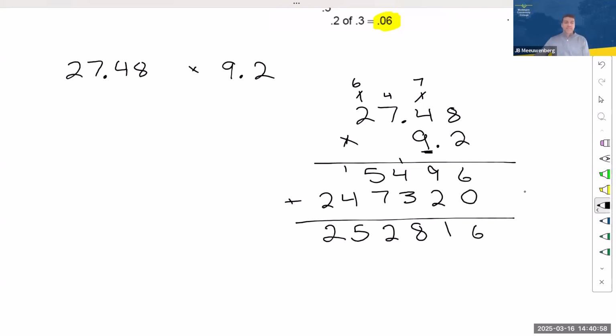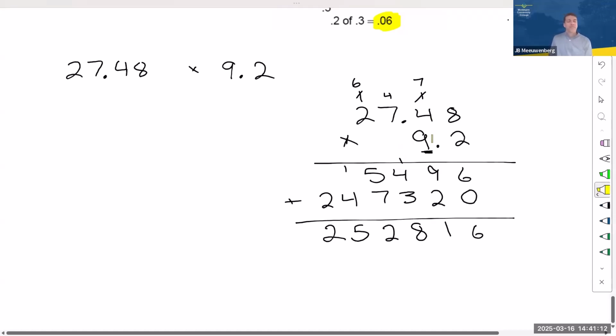Now, the next piece is deciding where our decimal point goes. There are different ways to consider this. The most traditional way is you look at the numbers that you started with and you identify how many decimal places you had in total in the numbers you multiplied. 4 was one of our decimal place numbers, and so was 8, and so was 2.